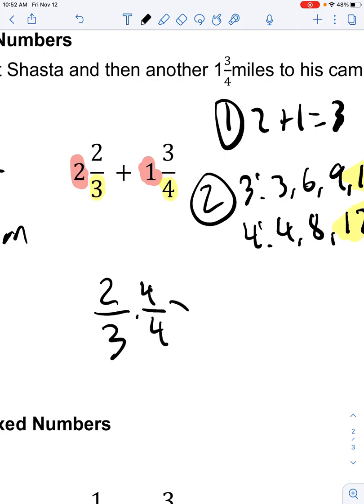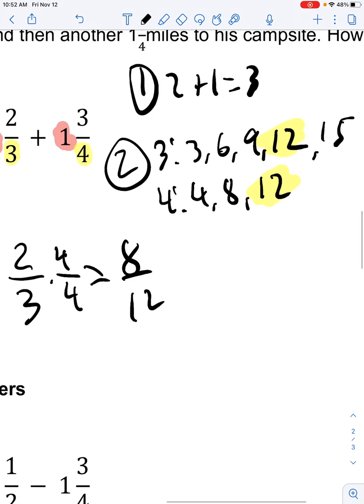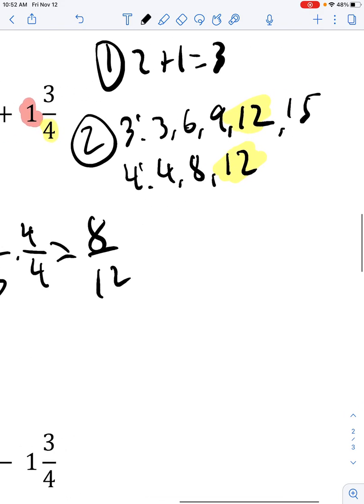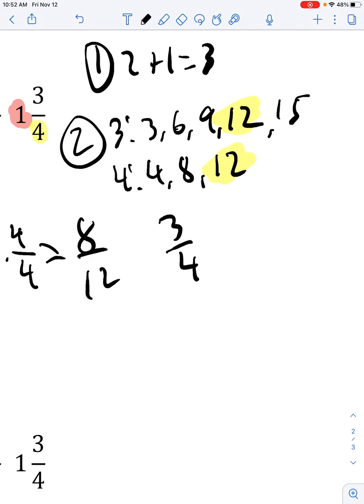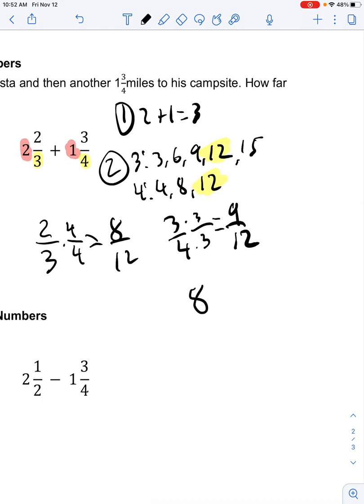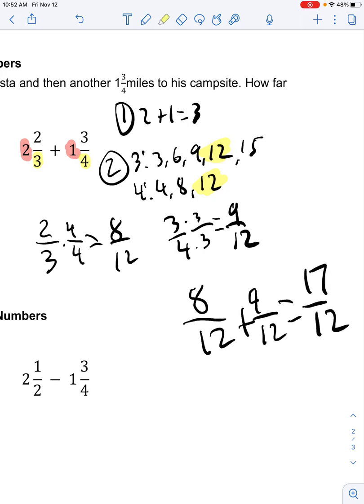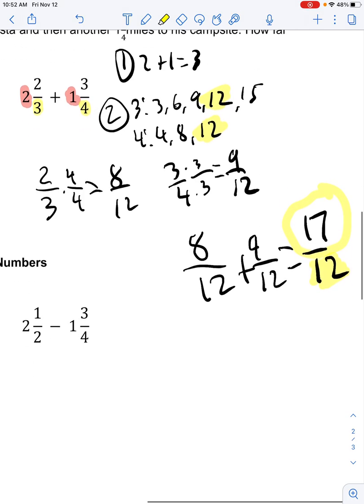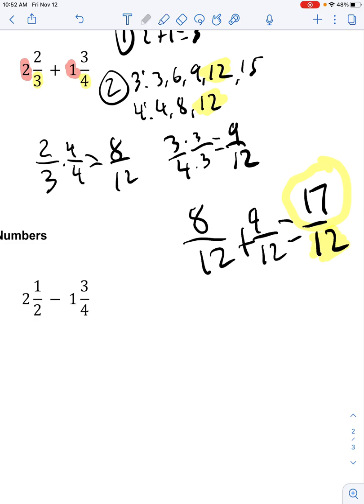I've got a 12 and a 12. So I'm going to rewrite my fractions as 2/3, but I need a 12 on the bottom, which gives me 8/12. Then my other fraction is 3/4 times 3 over 3, which gives 9/12.